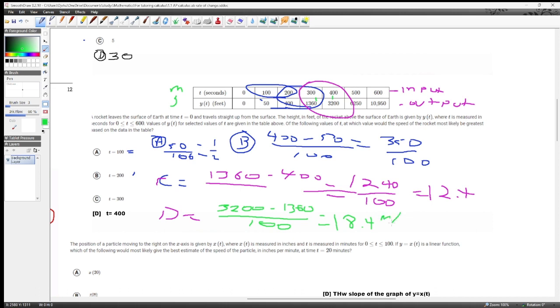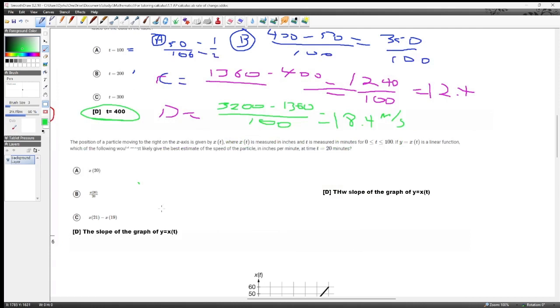Here, the position of a particle moving to the right on the x-axis is given by x of t, where x of t is measured in inches, and t is measured in minutes.